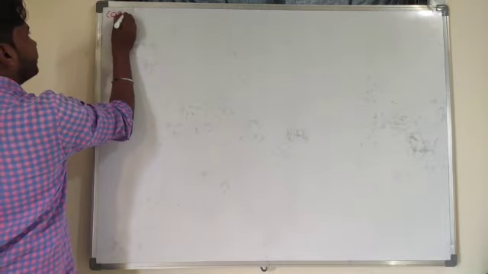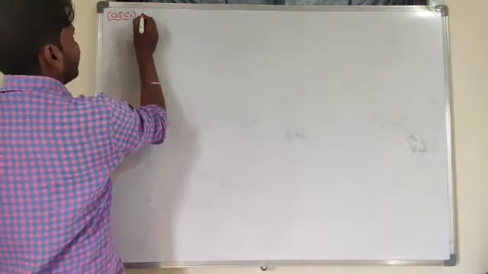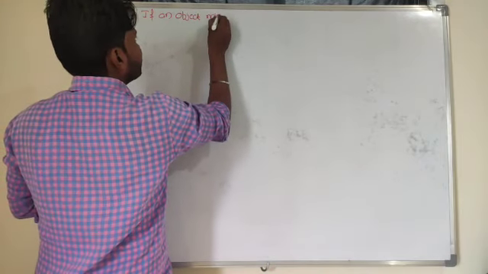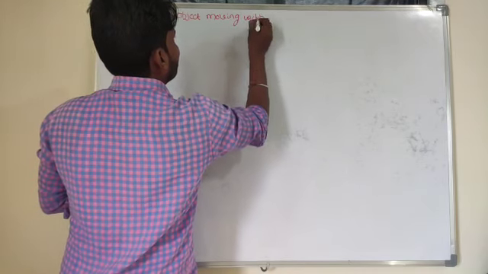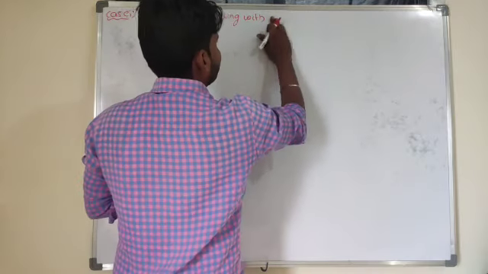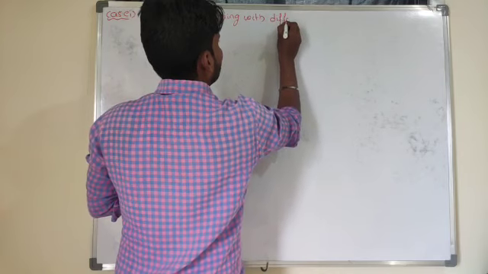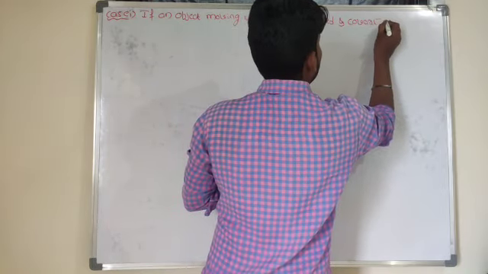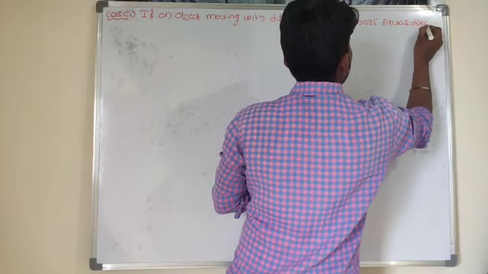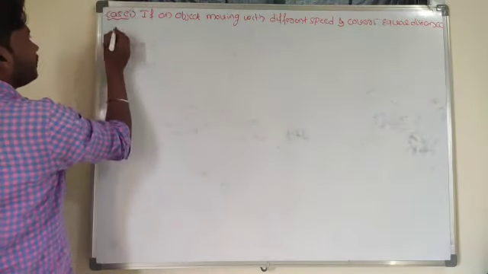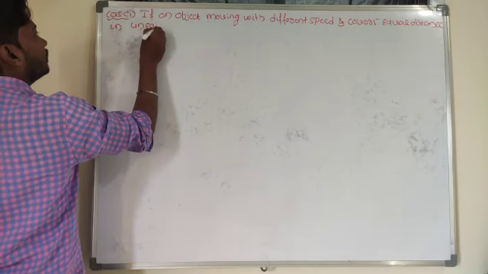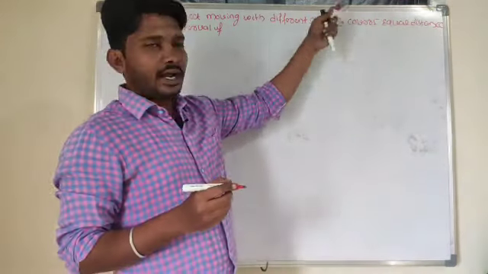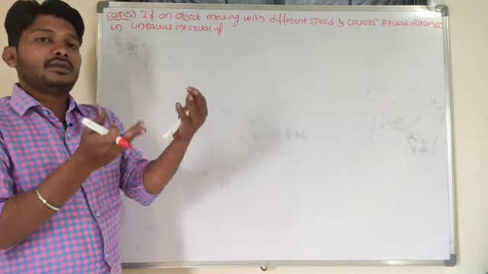So for example, if an object is moving with different speeds, v1 and v2, and covers equal distance in unequal intervals of time, s1 and s2 are equal to s, I will take equal distance.